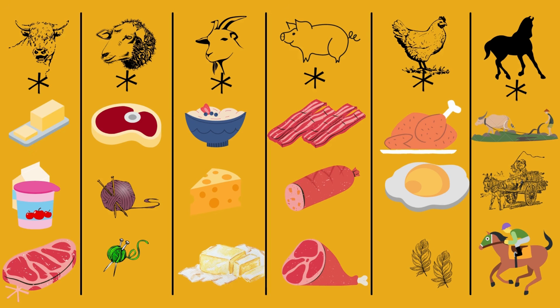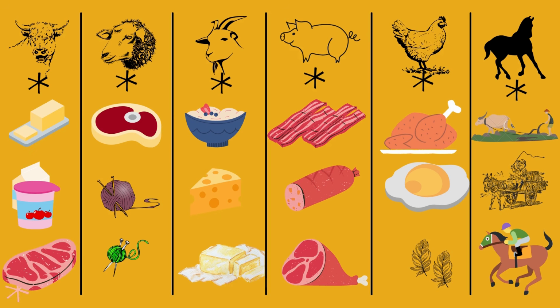Then we also have chickens, we have poultry. Now there are two different kinds here, two breeds: the egg-laying breeds as well as broiler breeds. The egg-laying breeds are used for the production of eggs, and the broiler breeds are used for meat production.